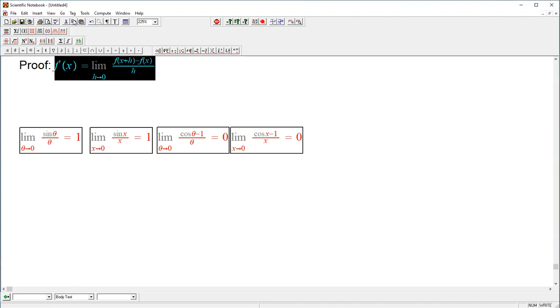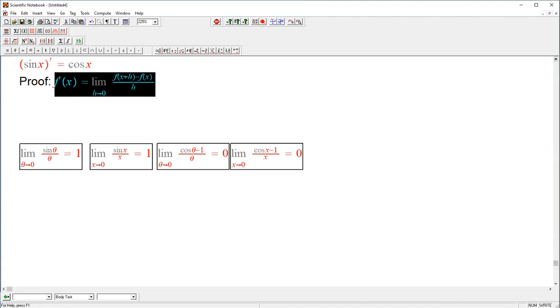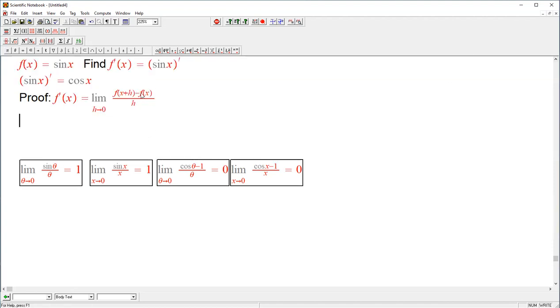Okay, all right, so let's do the proof. Since the function is sine, we know f of x plus h is going to be sine of x plus h. Okay, then what do we do?